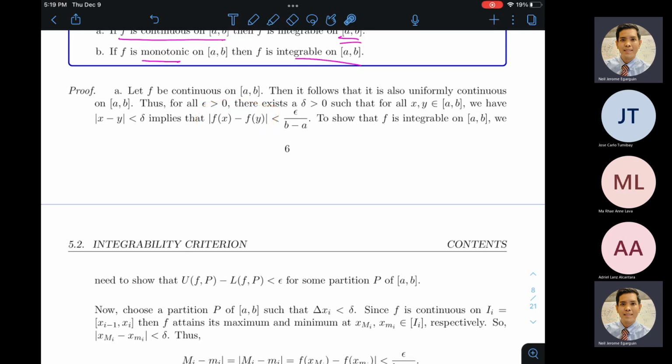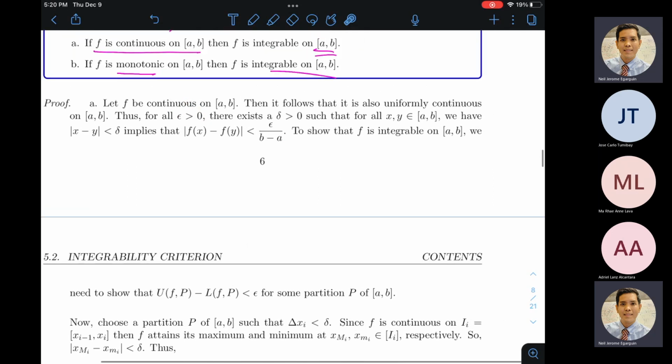Yung absolute value ng difference ng function values nila ay laging mas maliit sa epsilon over b minus a. Theoretically, this should have been just epsilon, standing for an arbitrary positive number. Pero si epsilon ay arbitrary, okay? Si b minus a is constant. An arbitrary number divided by a constant is still an arbitrary number.